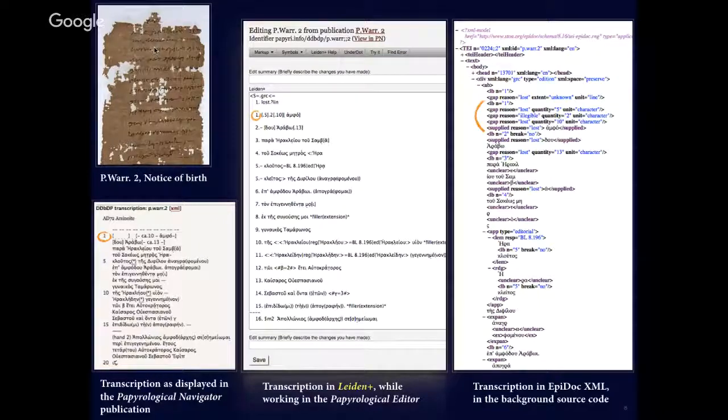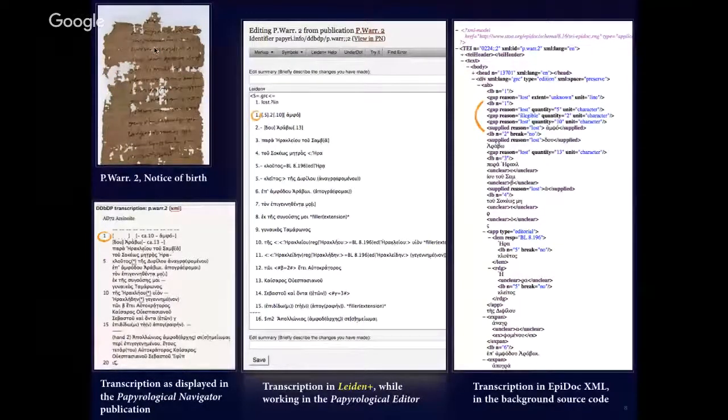Another advantage of Leiden Plus, as well as its usability for non-XML experts, is that it's possible to copy and paste from a text in digital format rather than typing it, which is at any rate possible as long as we use Unicode characters.